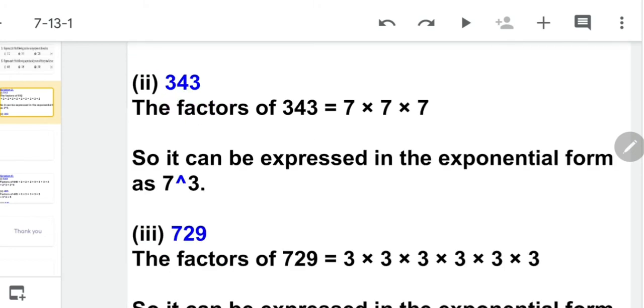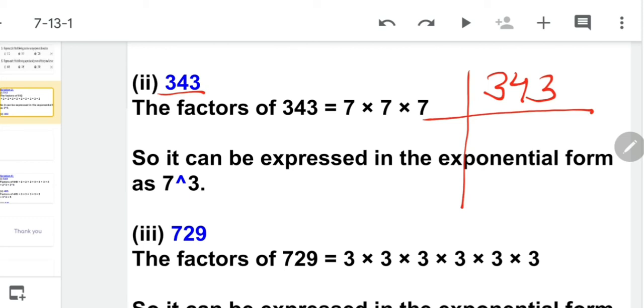Again, the second number is 343. Okay. Now what we have to do? We have to check for its prime factor. We all know that it is an odd number. So it is not divisible by 2. Now we have to check for 3 with the help of divisibility test.